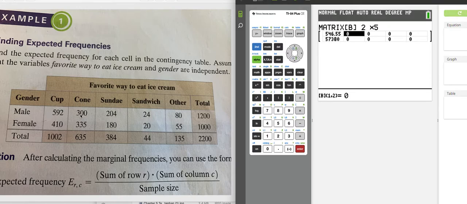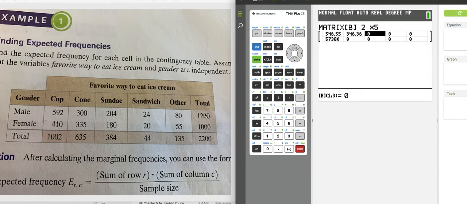To get this spot, same pattern, 635 times 1200, and divide that by 2200. Enter, and then the next one.